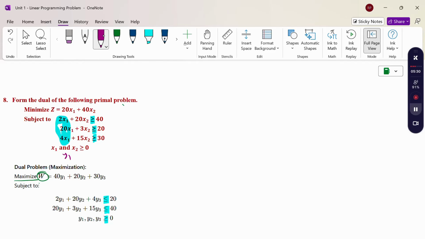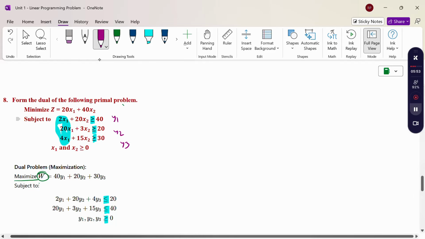This is y1, y2, y3. Therefore the first constraint is 2y1 plus 20y2 plus 4y3, and the second is 20y1 plus 3y2 plus 15y3.